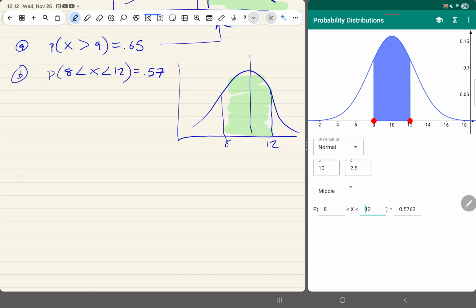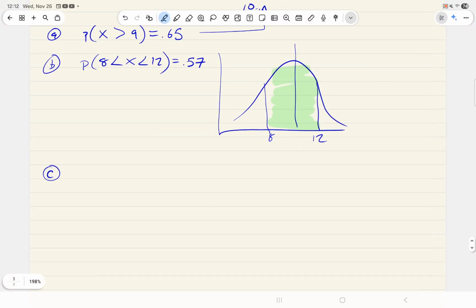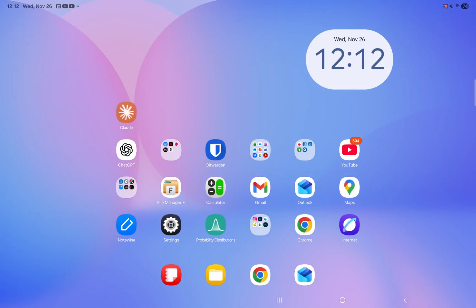And I have a feeling, I haven't looked at it yet, but I have a feeling that the next one is going to ask us what the interquartile range is for time spent using electronic devices. So to figure that out, we need to enter instead probability value over here.